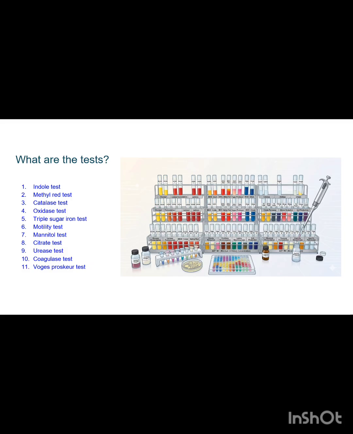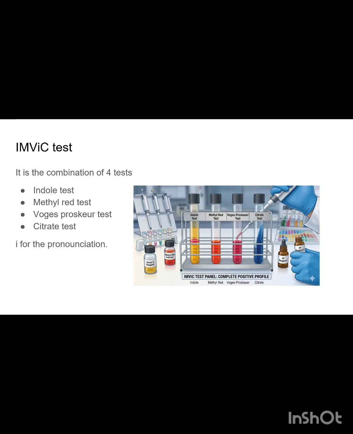Instead of doing all these 11 tests, the microbiologist will do only 4 tests, and that is going to be called the IMViC test. As I have told you earlier, it is the combination of 4 tests: indole, methyl red, Voges-Proskauer and citrate test. The small i is used generally for pronunciation purposes.